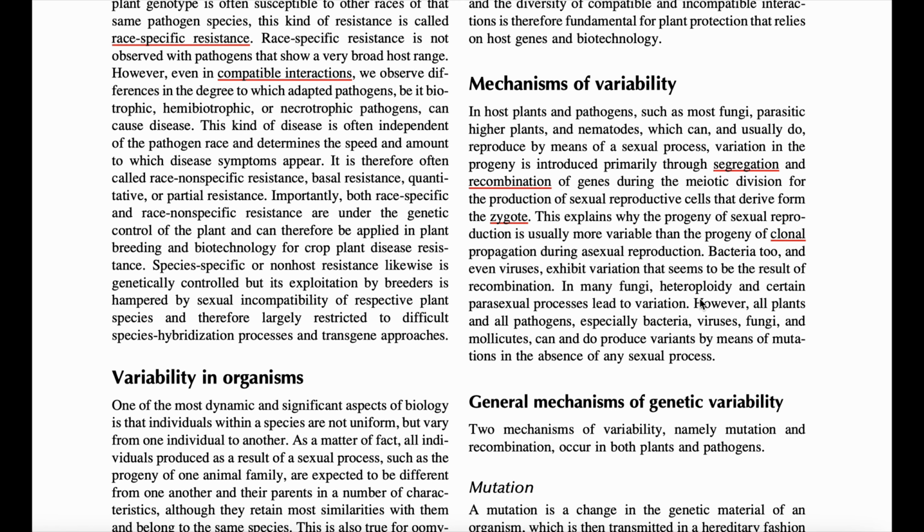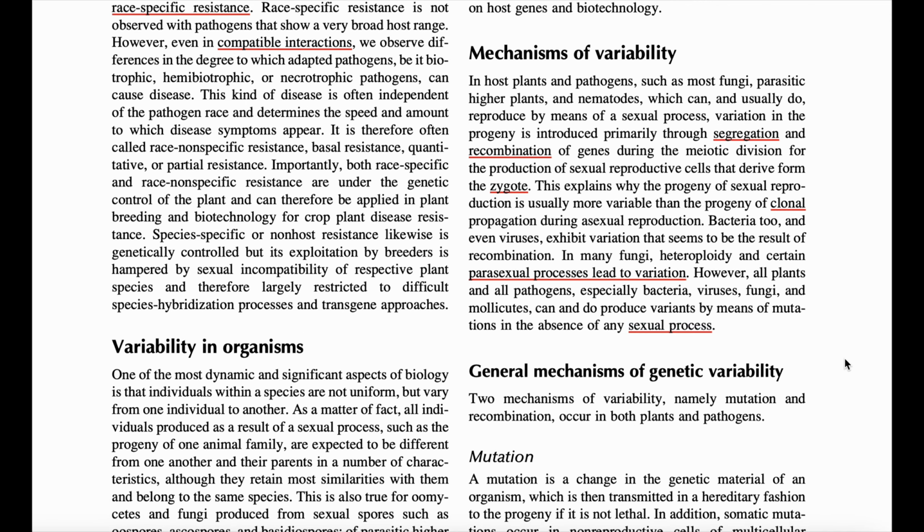In many fungi, heteroploidy and certain parasexual processes lead to variation. However, all plants and all pathogens, especially bacteria, viruses, fungi, and molecules, can and do produce variants by means of mutations in the absence of sexual spores.